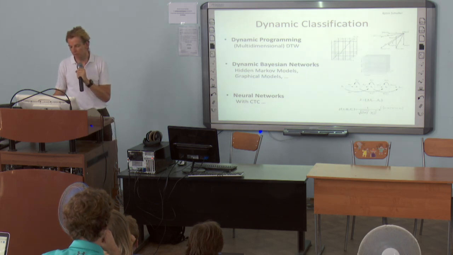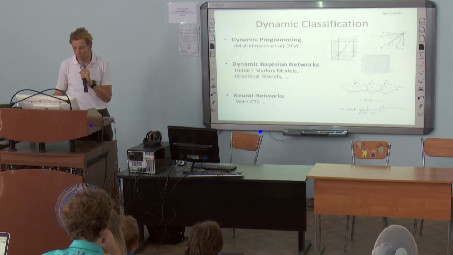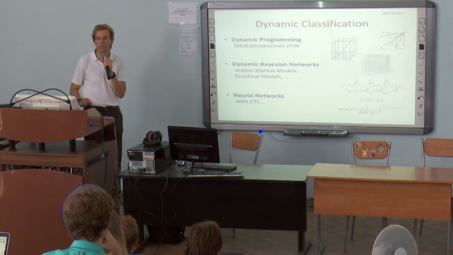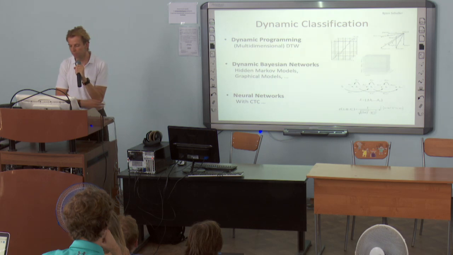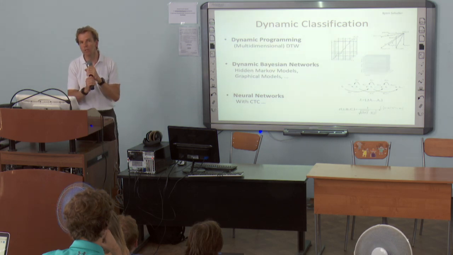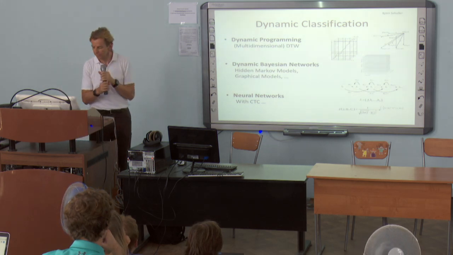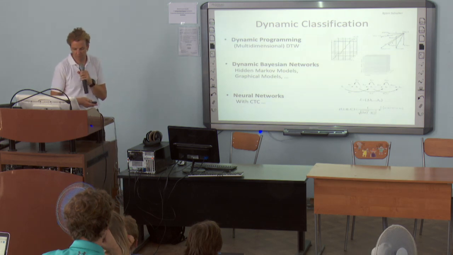I've shown you examples yesterday and today about combining deep learning, for example, with non-negative matrix factorization and exemplar-based learning. I've shown you examples combining deep networks with DTW, so it can often be beneficial to know these other ones.